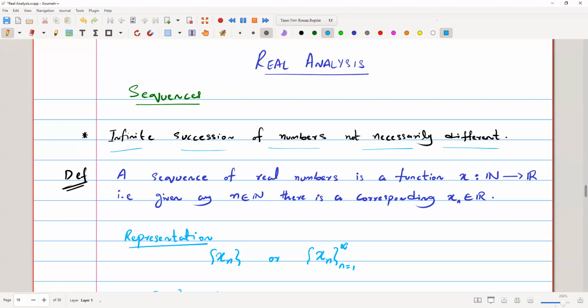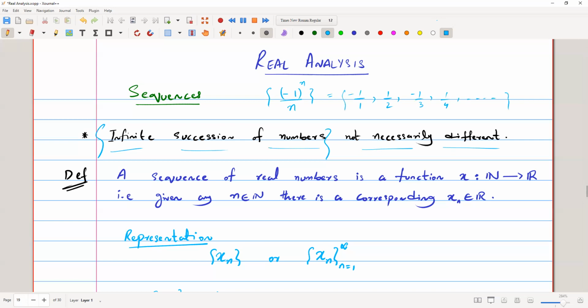So what do we mean by this statement, that infinite succession of numbers? For instance, if we are talking about this sequence, (-1)^n over n, so this is a sequence. Then we can plot its points on the line: -1 over 1, then 1 over 2, then -1 over 3, then 1 over 4, and so on.